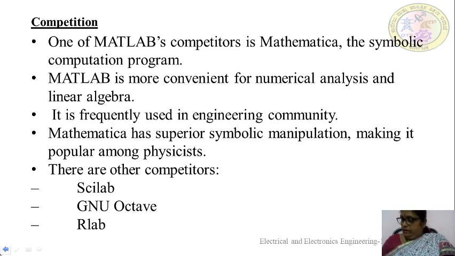It helps in solving linear and non-linear problems numerically, and it is compatible with MATLAB. RLaB is an interactive interpreted numerical computation program, and it is the core programming language. Other three competitors for MATLAB are Scilab, GNU Octave and RLaB.